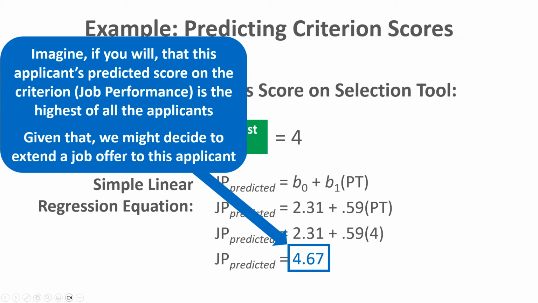Now, imagine, if you will, that this applicant's predicted score on the criterion of job performance is the highest of all the applicants. We had other applicants go through this, and then given that, we might decide to extend a job offer to this applicant.